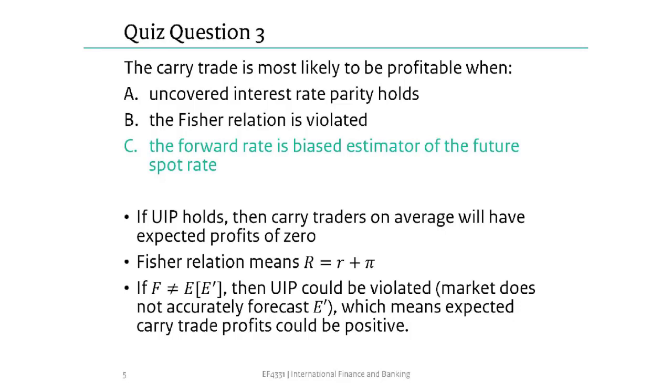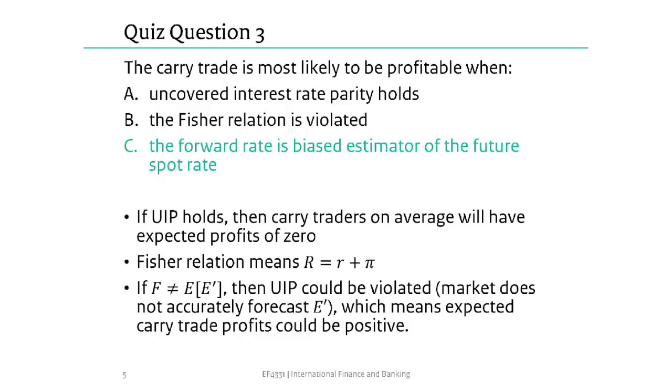So by process of elimination, C is the best answer. And if you read it, you can also convince yourself that it's true. It states that the forward rate is a biased estimator of the future spot rate. If you believe the forward market is like a betting market in which people reveal their expectations of what the spot exchange rate should be, then F should be a good approximation of the future spot exchange rate, and therefore UIP should be unprofitable.